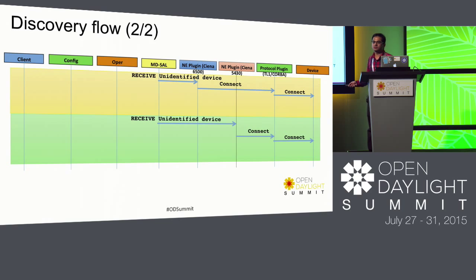It's Java code. It's an actual module. We have broken it down into 2: network element plugin and protocol plugin. The protocol plugin is generic, TL1, Corba, whichever protocol your device is speaking. So multiple device plugins can use the same protocol plugin, and the device plugin knows how to talk to your device.